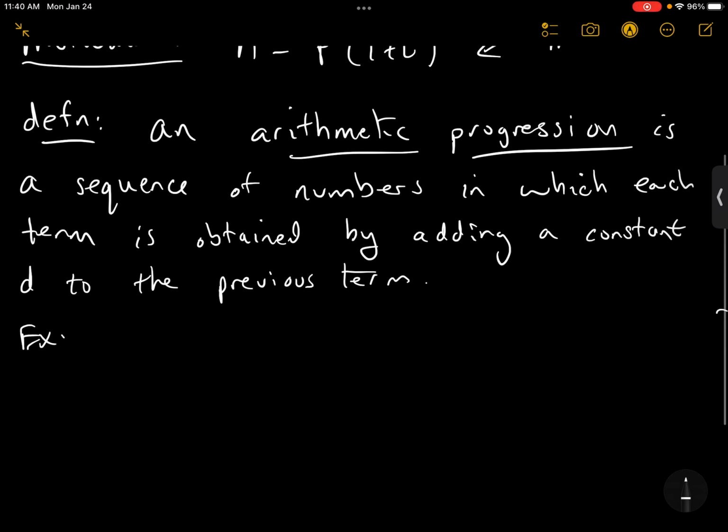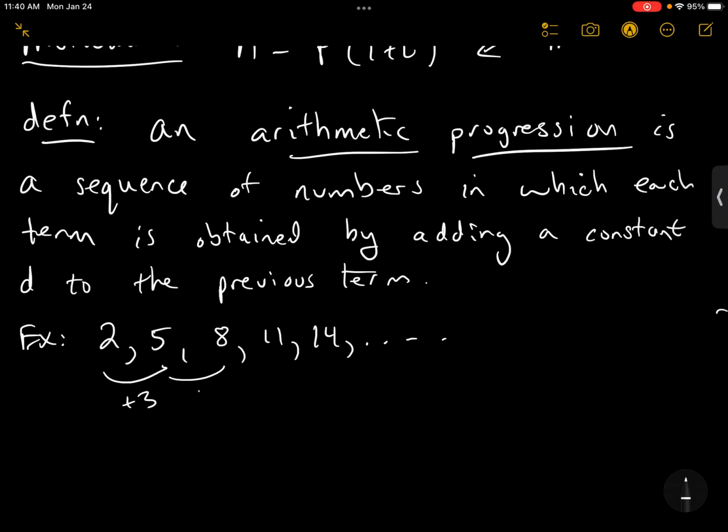So for example, if you look at the sequence 2, 5, 8, 11, 14, 5 is 2 plus 3, 8 is 5 plus 3, 11 is 8 plus 3, 14 is 11 plus 3. So here, d equals 3, and this is an arithmetic progression. First term 2.